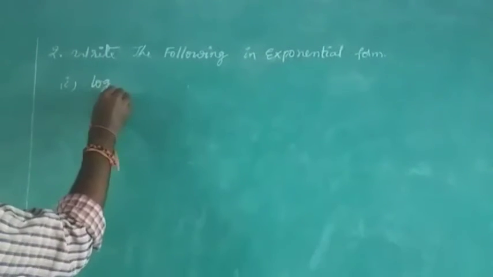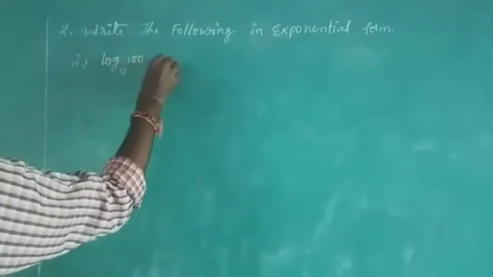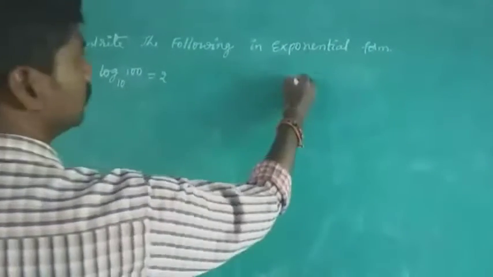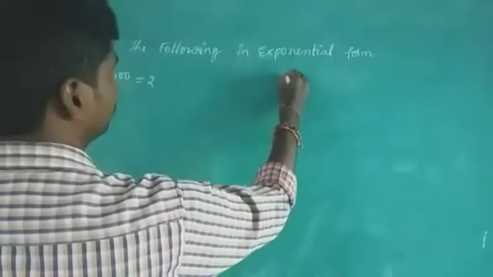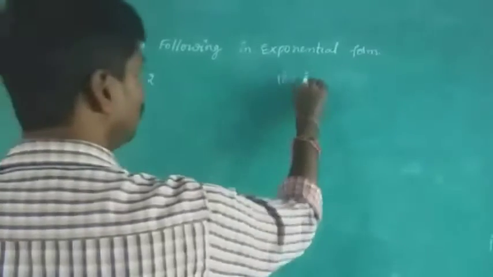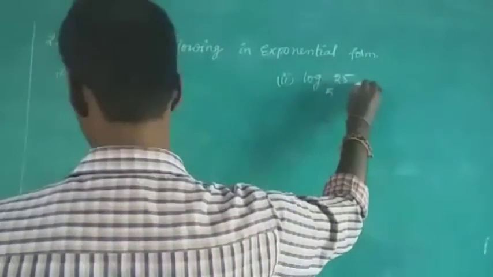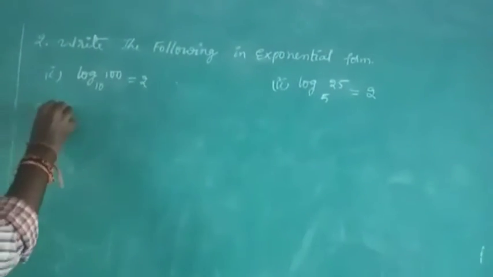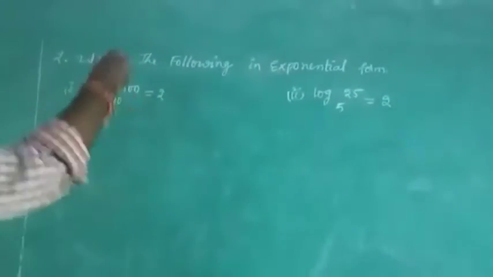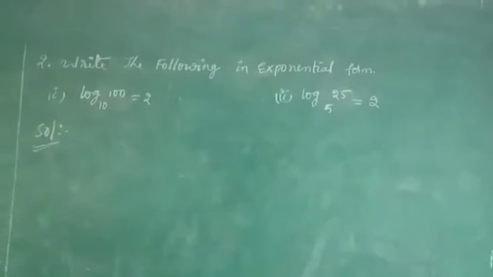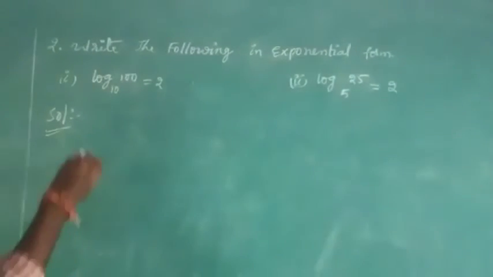First one, log base 10 of 100 is equal to 2. And I would like to explain one more problem. Second one: log base 5 of 25 is equal to 2. It is given in logarithmic form, and you need to write it in exponential form.